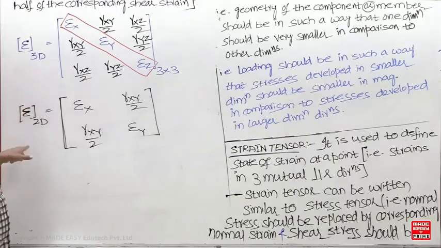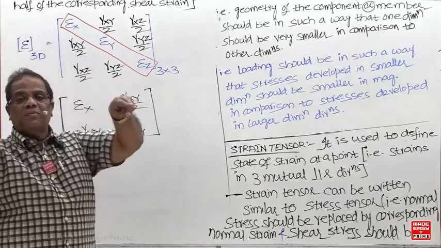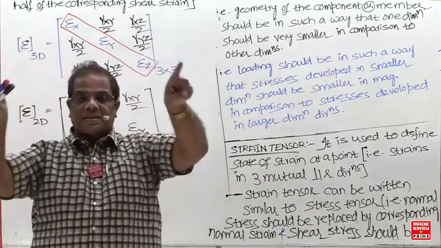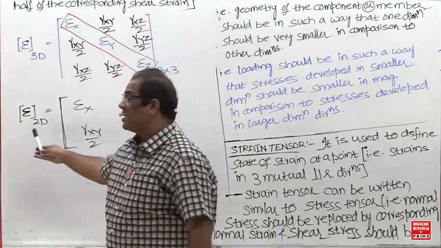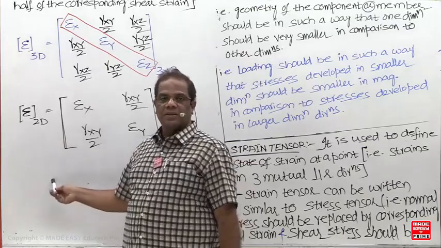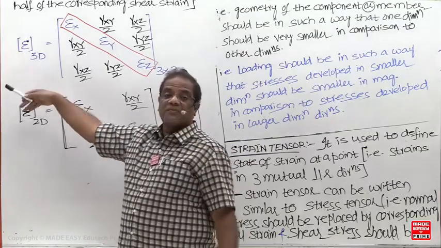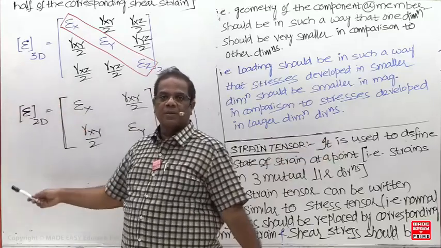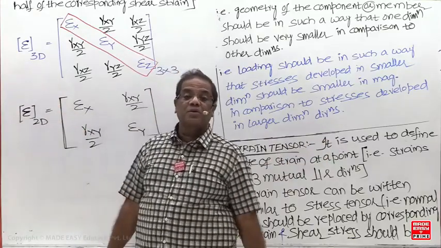This is representing a strain tensor. 2D means biaxial, or plane strain. Plane strain problems are what? A plane stress problem means a 2D problem, similarly plane strain. So you can call this the strain tensor for plane strain problems. The other is a strain tensor for the triaxial state of strain. Plane strain means once again it's going to be 2D.